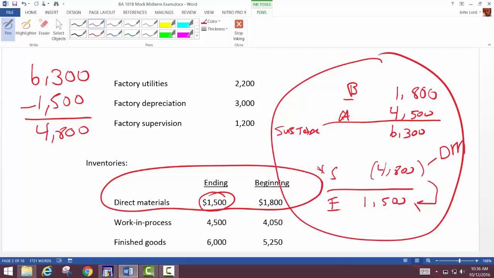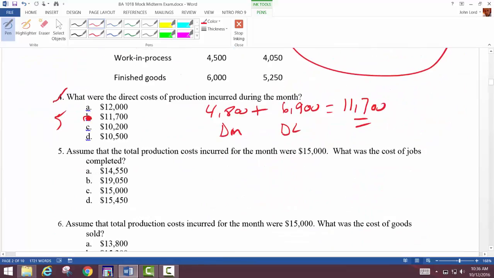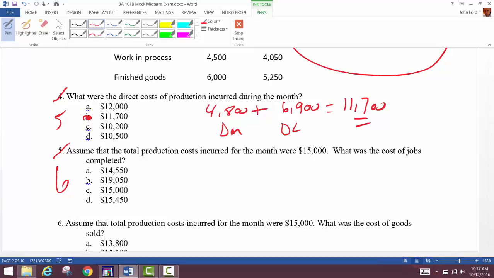Okay. Any question on this one? Okay, good. Number 6 now. Assume that the total production costs incurred for the month were $15,000. What is the cost of jobs completed? Now look, you had to calculate the 11,700, didn't you? Then they tell you that the total production costs are 15,000.